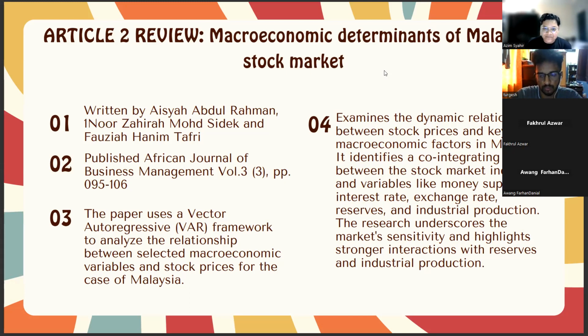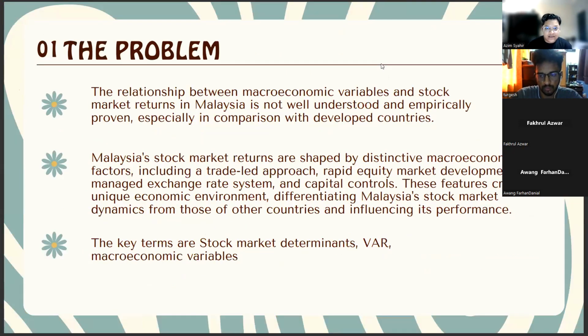For example, the key terms: stock market determinants, VAR, macroeconomic variables. The paper uses a VAR framework, which assumes that the variables are exogenous and that the error terms are normally distributed and uncorrelated. These assumptions may not hold in reality and may affect the validity of the results.